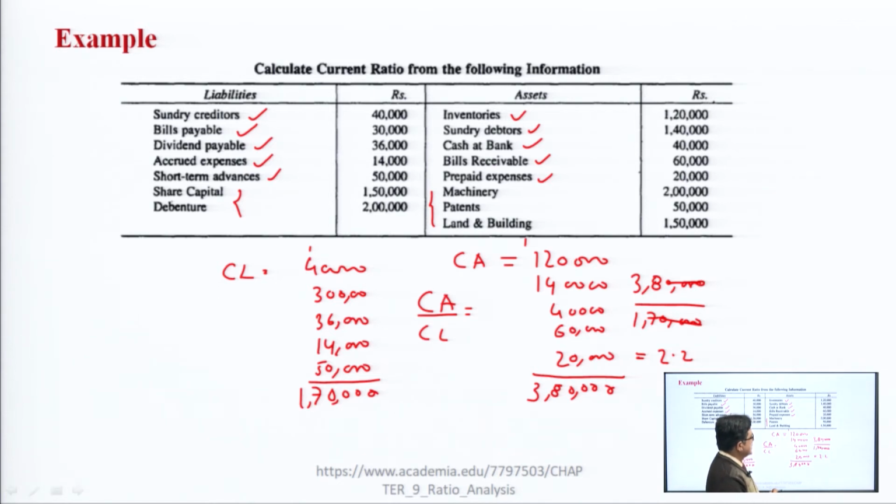So, we can interpret with this ratio that the position of the company is very good, it is quite healthy. 3 lakh 80 is more than double 1 lakh 70. So, the liquidity position of the company, or current ratio, is near the standard, and the company is doing very well in maintaining its current ratio.